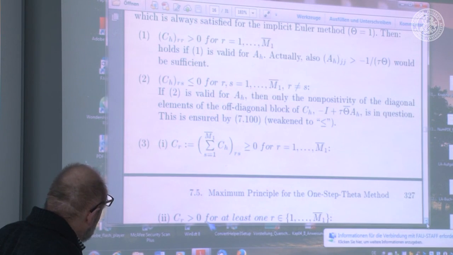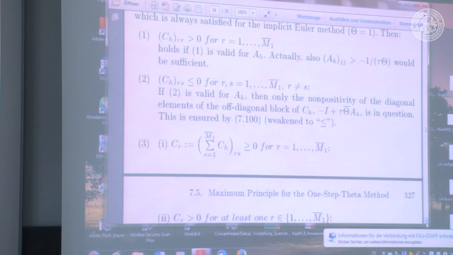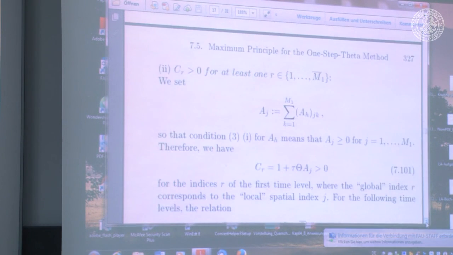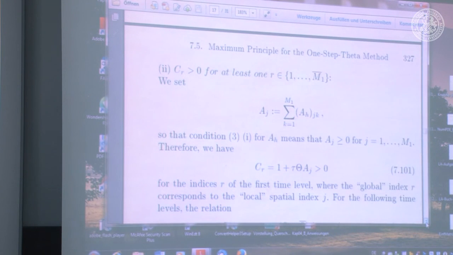And we have seen this is a sort of Dirichlet requirement, as we discussed it. Now, if we take the same notation for the underlying matrix A and introduce correspondingly A_j sums, then we can try to compute these CRs.